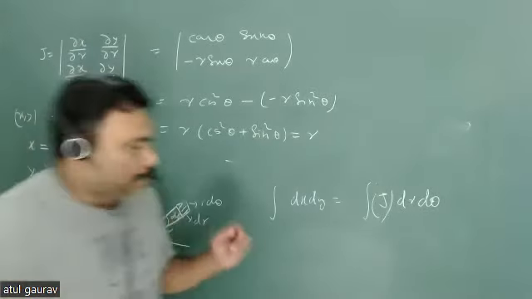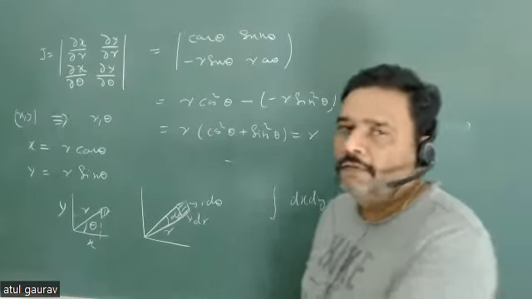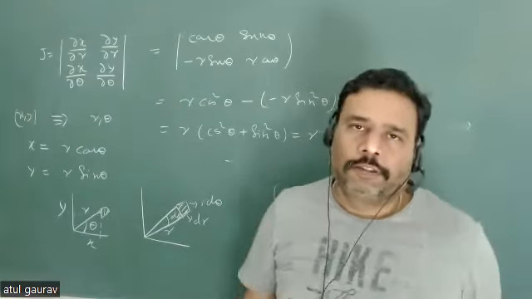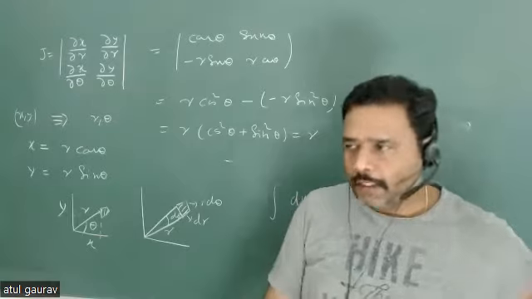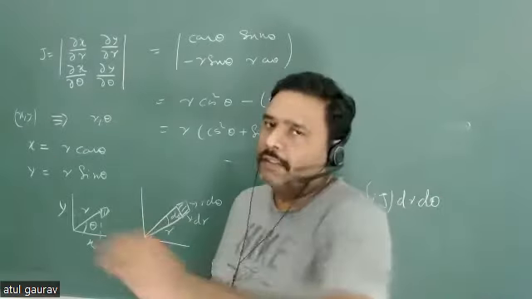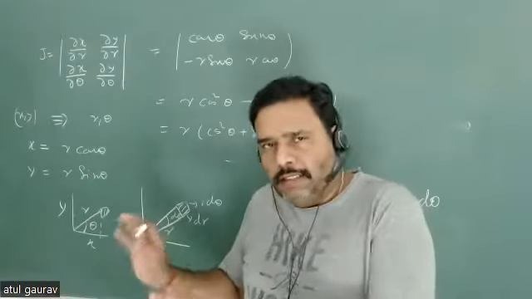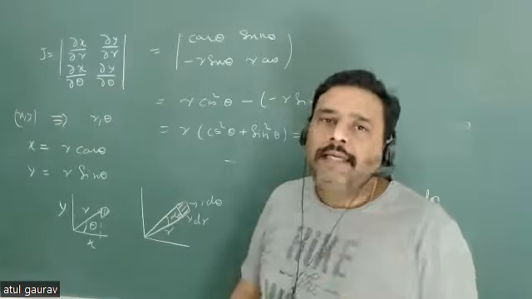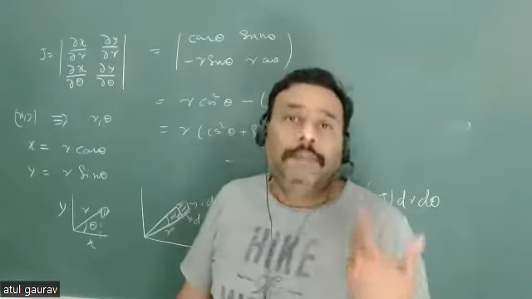So now you can see this Jacobian is a very important thing for the transformation. What is the role of this particular Jacobian? The role is that when you are transforming from one coordinate to another coordinate, you cannot transform it arbitrarily. You have to take care of the area of a curve, the dimension of the curve.